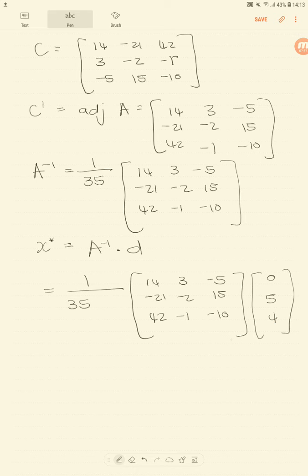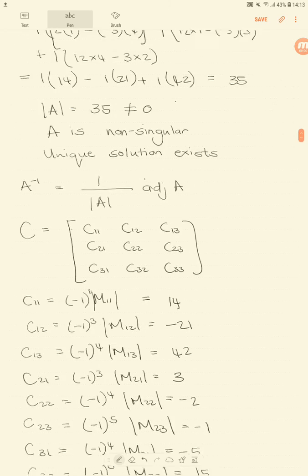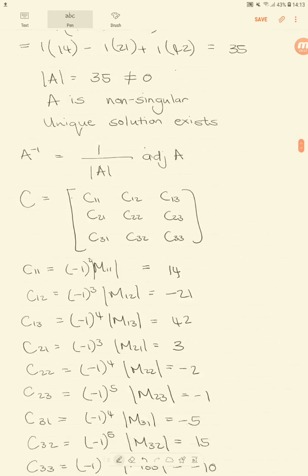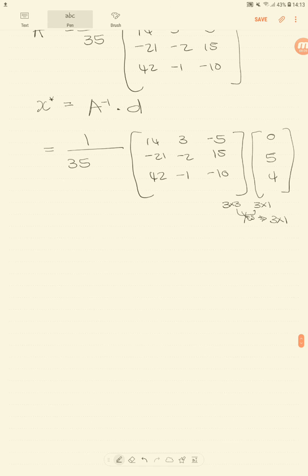So first, let's check our conformability condition. The inverse of A is a 3 by 3 matrix, and matrix D is a 3 by 1 matrix. So yes, we can multiply them, and we will end up with a 3 by 1 matrix. We want X to be a 3 by 1 matrix, so our solution will hold.